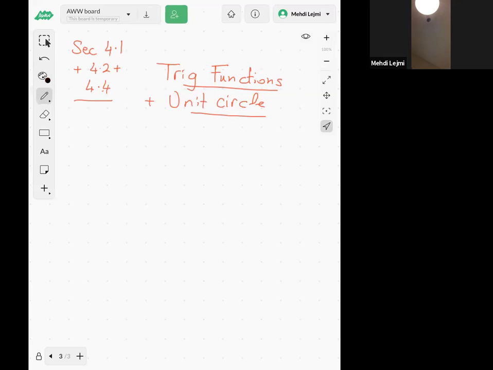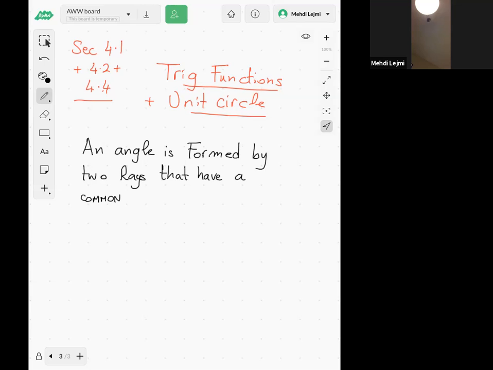An angle is formed by two rays that have a common vertex. So you have your vertex here, right?